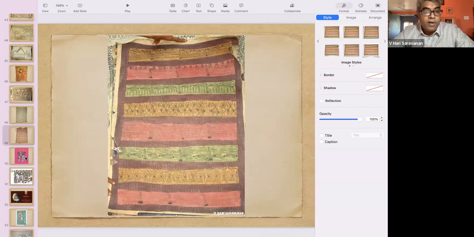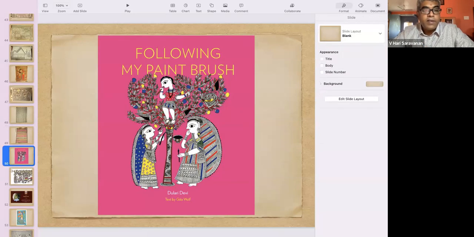Like, for instance, here is one of the books by Tara Books, done by Padma Shri Dulari Devi, which is sharing her experiences in her village. The title of the book is Following My Paintbrush.